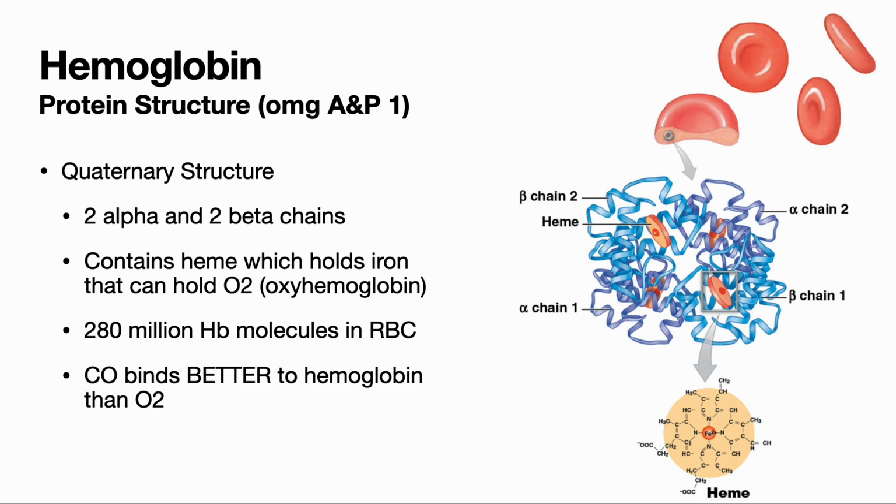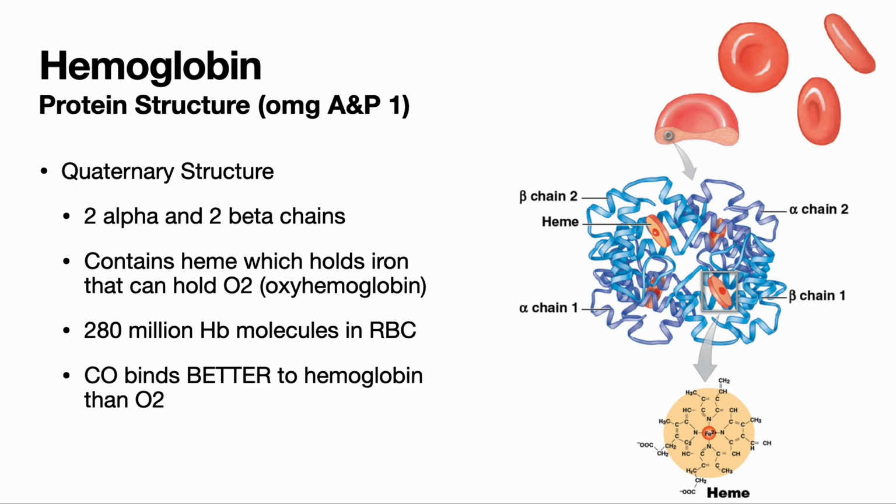It has 2 alpha and 2 beta chains, and they are built independently by protein synthesis at the ribosome and folded in the rough endoplasmic reticulum. But ultimately, these polypeptides come together into this quaternary complex structure to form hemoglobin. Inside the hemoglobin is something called heme, which is a pigment that holds iron. And because of that, it can hold O2.